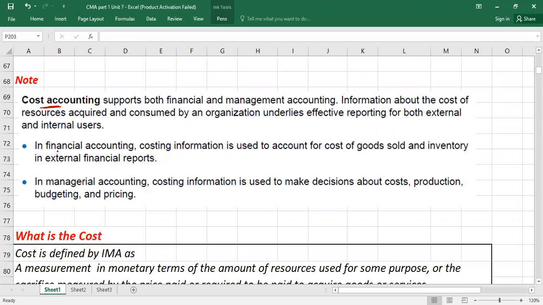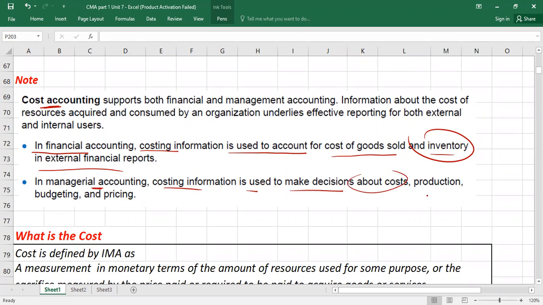So look here, that's what they're telling you. In financial accounting, costing information is used to account for the cost of goods sold and inventory in the external financial reports. Because what is the value of inventory? You need to know the cost of the inventory. This is for financial accounting. And under management accounting, costing information is used to make decisions about cost, production, budgeting, and pricing.